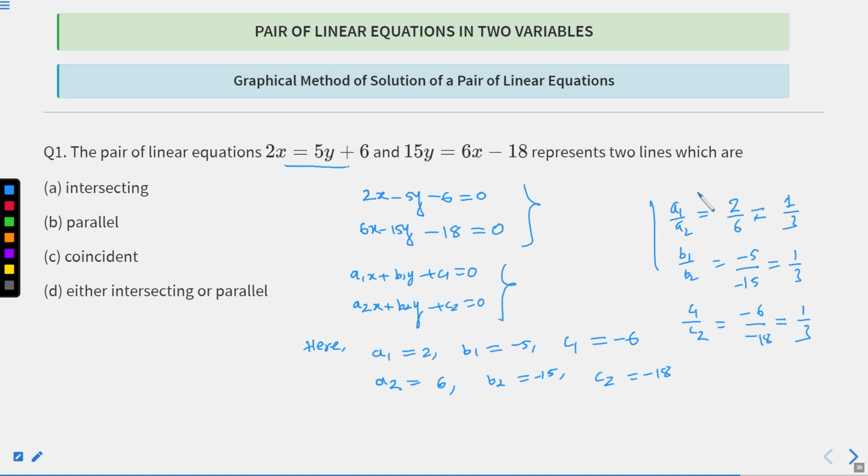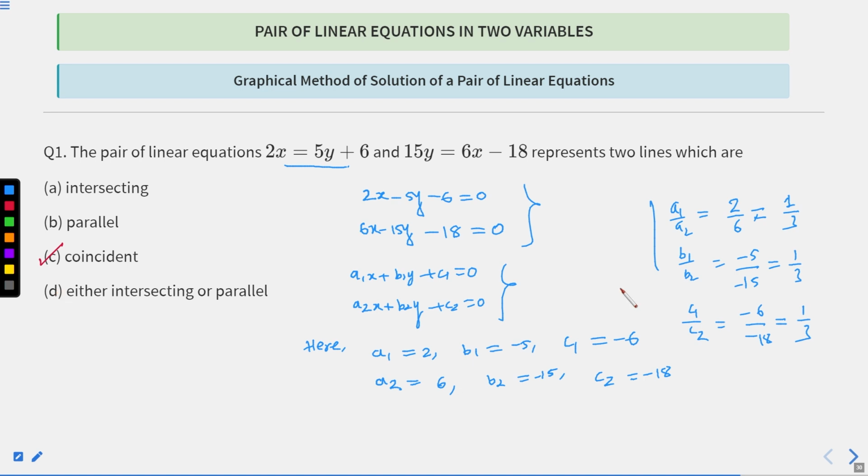So the pair of linear equations 2x equal to 5y plus 6 and 15y equal to 6x minus 18 represents two lines which are coincident.